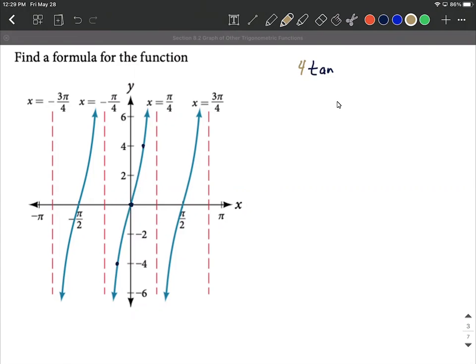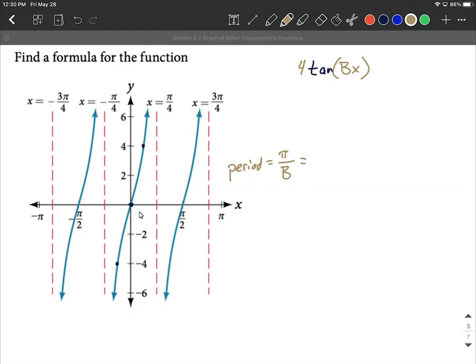So the only other thing we need to concern ourselves with is that our period has changed from the regular pi. So let's focus on the period. The period for tangent is typically pi. However, if we have a multiple, I'm just using b for this multiple on the inside here, that can change our period. The typical calculation for the period is pi divided by that multiple on the inside.